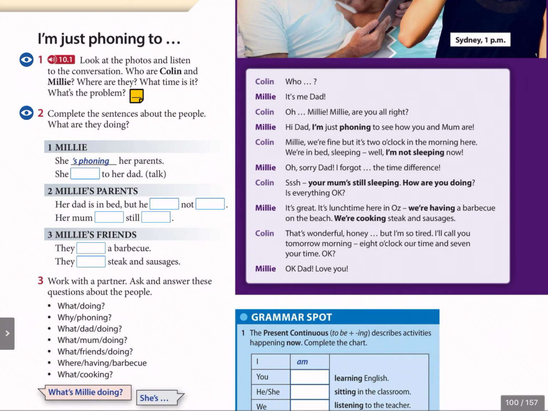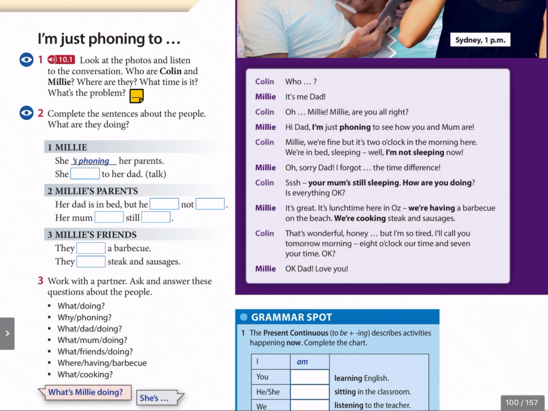The verb to be is at the beginning of the sentence unless we have a question word, such as in the example we have just read. How are you doing? So question word how, verb to be are, then the subject you, and then the main verb. How are you doing?